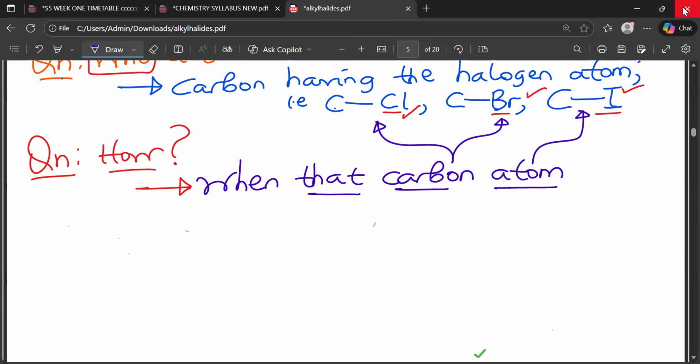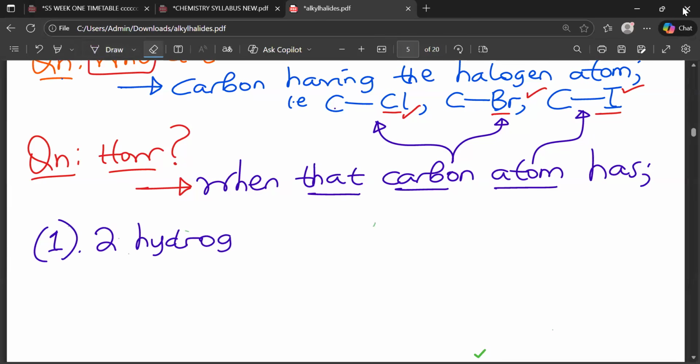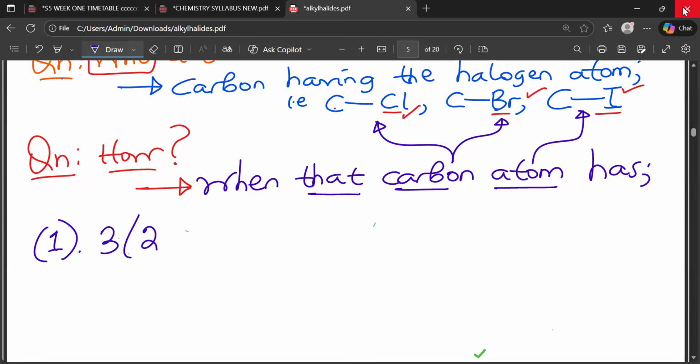When that carbon atom has, I want you to listen, 1, 2 hydrogens. Let me say, when that carbon atom has 3 or 2 hydrogens.